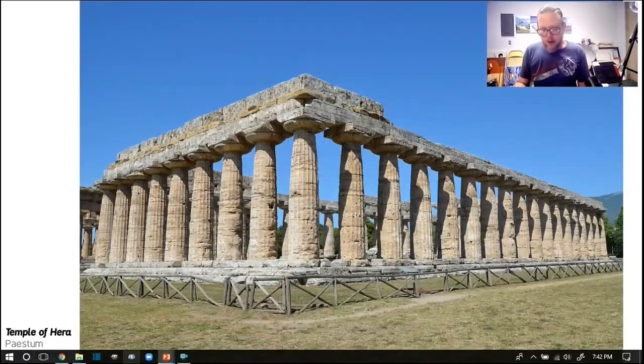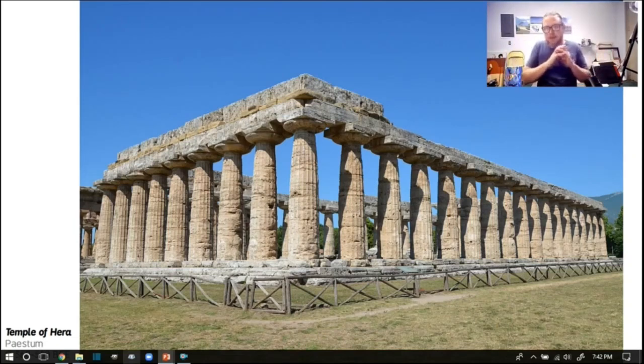Archaic architecture was Doric, as you can see here in the Temple of Hera. It was not as refined and proportioned as later classical and Hellenistic examples would be, but it was a testament to Greek expansion. This temple right here is actually built in southern Italy, on land that was colonized and was thought of as Greek.